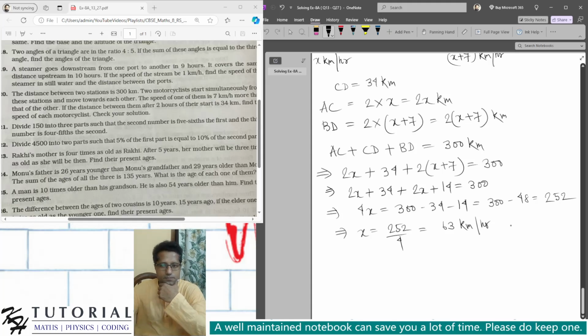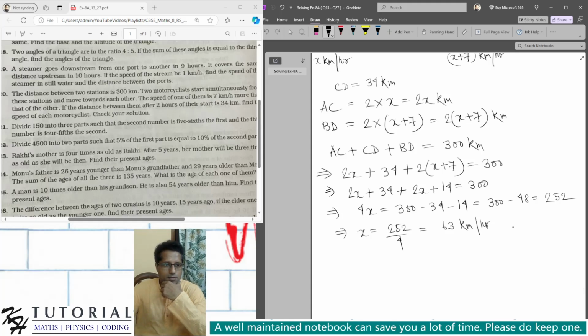What has been asked? Find the speed of each motorcyclist.